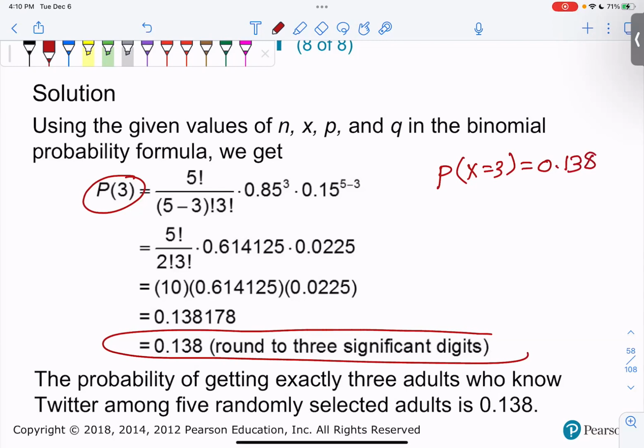If you ask 5 people, the probability that 3 of them will say yes, we know Twitter, equals 0.138. If we ask 5 people, the probability that 3 of them say yes, we know Twitter, is this value, which is 0.138.